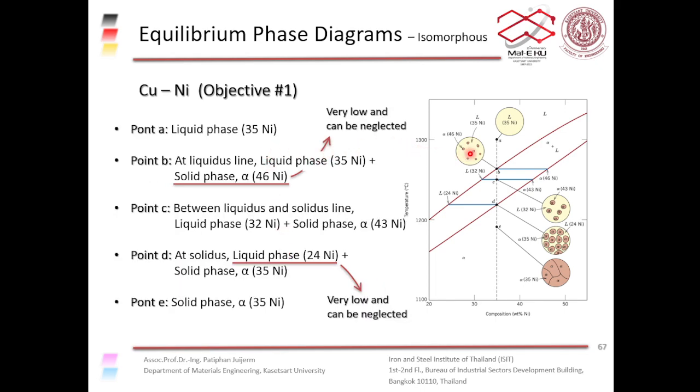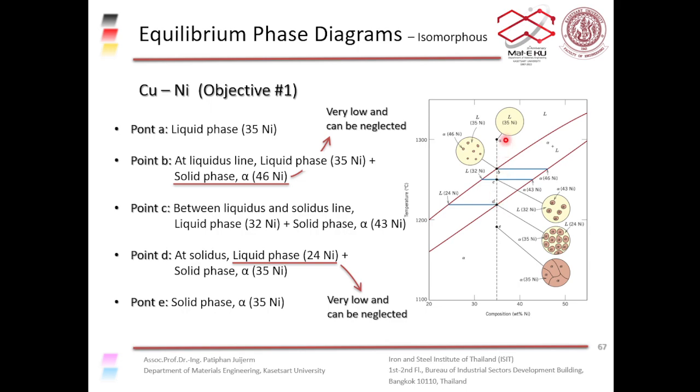So you start off with the liquid phase having about 35% nickel, then about 32% nickel here, and about 24% nickel here, right? 35 here, 32, 24% nickel in the liquid phase.